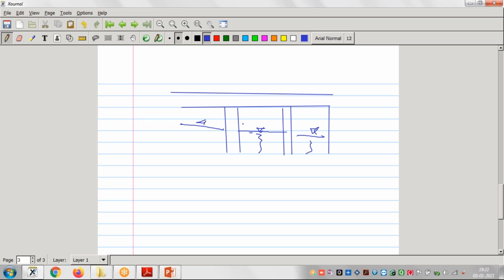So using this probability equation, this water is discharging somewhere. What is the maximum discharge?